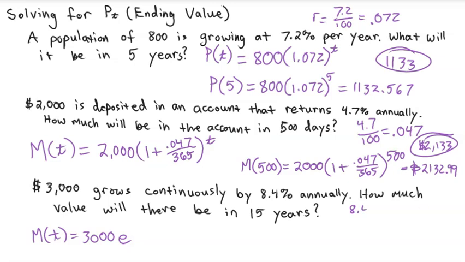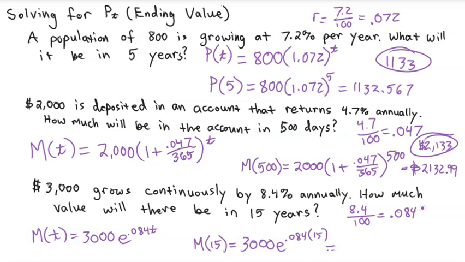So we have to do 8.4 divided by 100, which is 0.084. And it's growing, so it's not negative, it's not shrinking. So 0.084, okay, great, with a t. Now we want to know how much there will be in 15 years. So M of 15 is equal to 3,000 e to the power of 0.084 times 15.